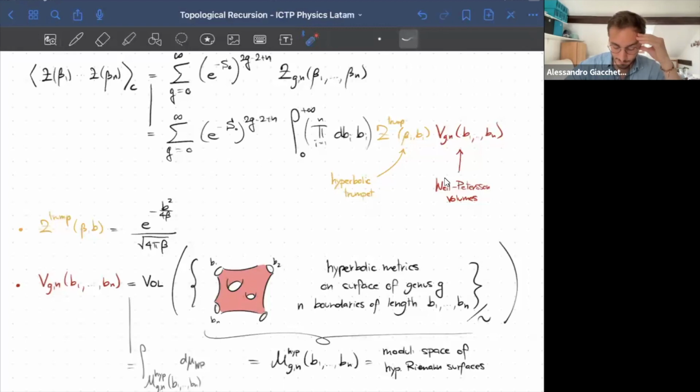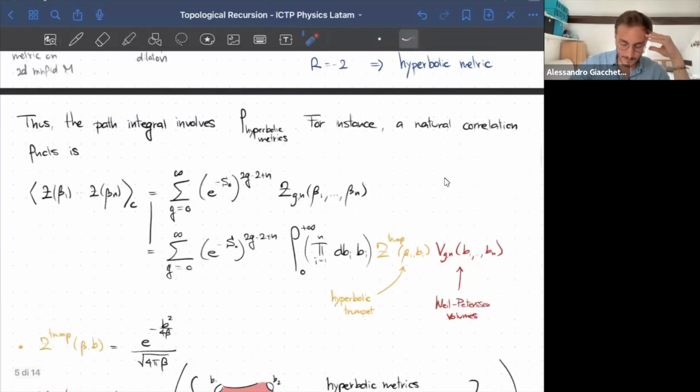This moduli space parameterizes hyperbolic metrics on surfaces of genus g with n boundaries of fixed length b1 up to bn. So in this genus expansion, the g term is essentially given by these volumes, which parameterize hyperbolic metrics on surfaces of that same genus, with some boundary conditions that are essentially given here.